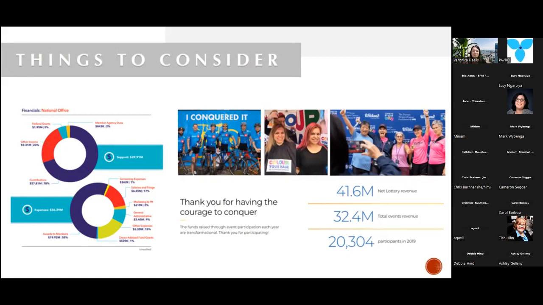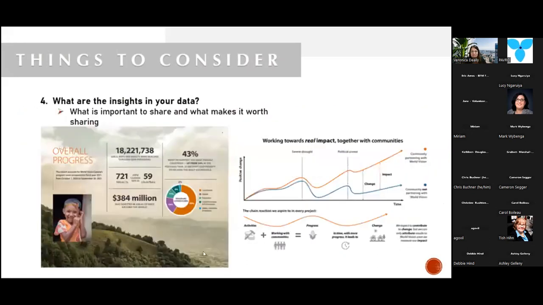So if they're reading your annual report or if they're reading your impact report, you better bet that they have something invested in your organization already. It could be emotional, it could be financial, but whatever it is, pictures help to show real life examples of the work in action. And pictures at the end of the day do show something that numbers could never do, right? So let's move on to the next one.